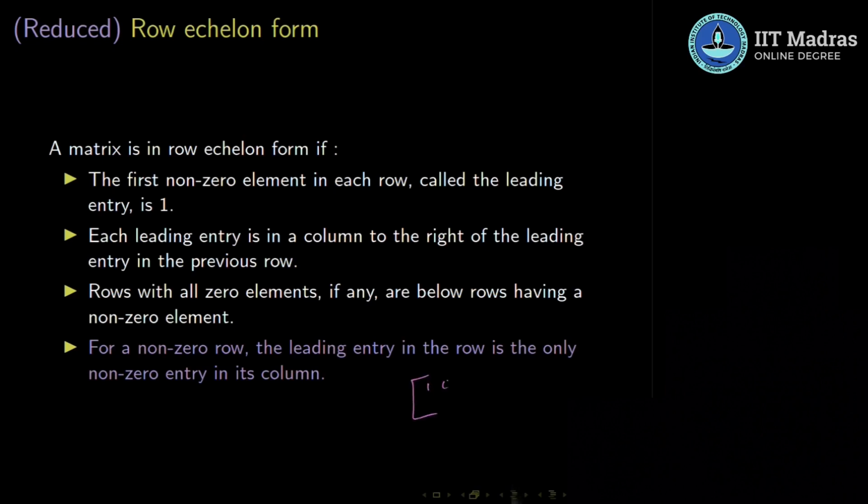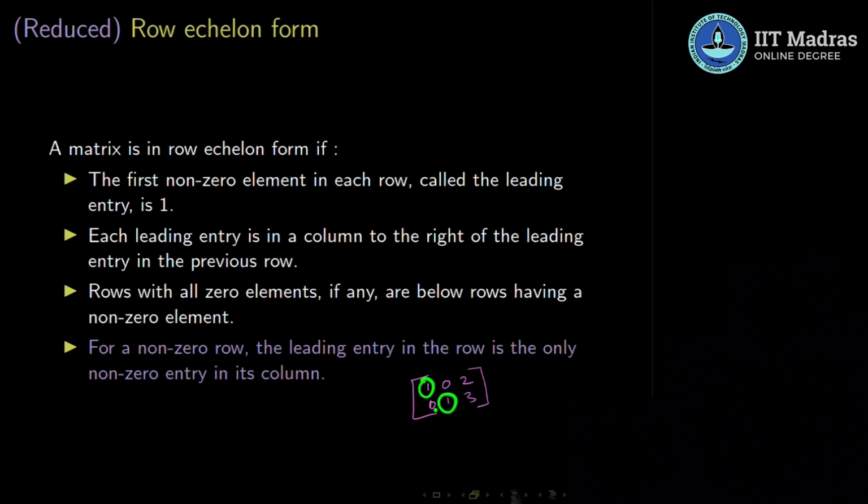Okay. So, the previous example that we had, which was 1 0 2 and 0 1 3, this is indeed in reduced row echelon form. So, first of all, it is in row echelon form. Let us check that. The first non-zero element of each row is a 1. Indeed, that is the case, because this is the first non-zero element, this is the first non-zero element, and both of them are 1s.